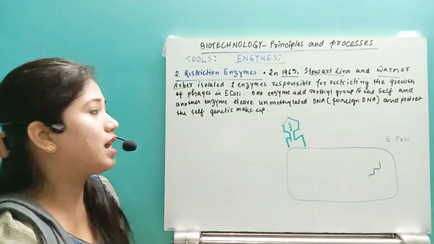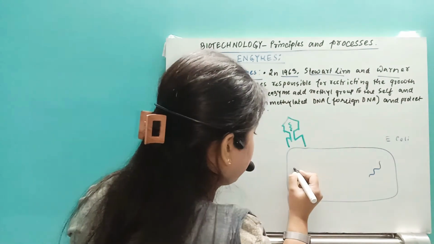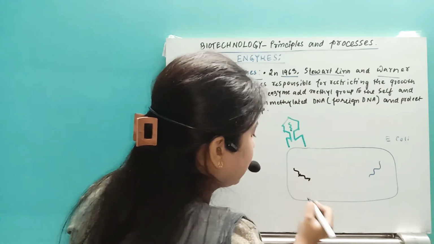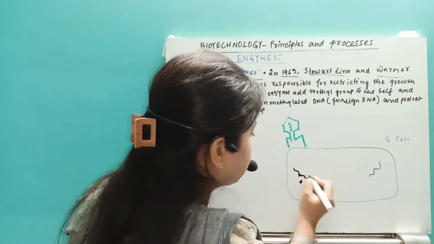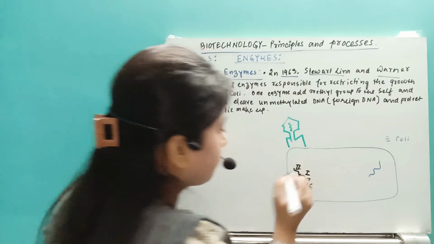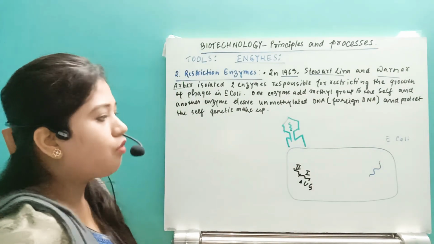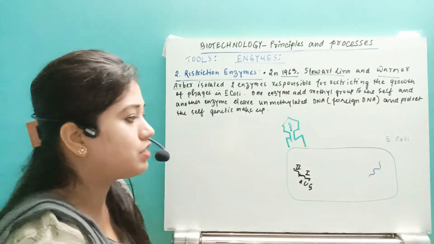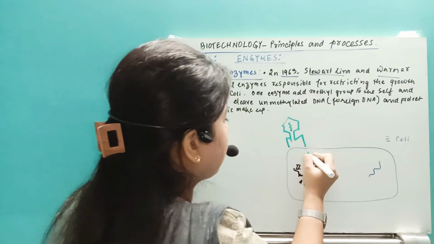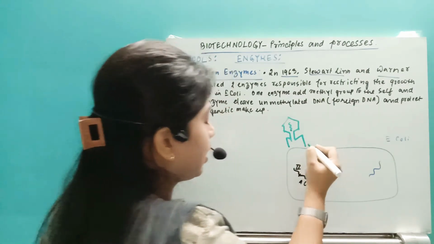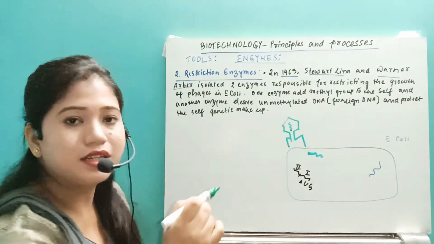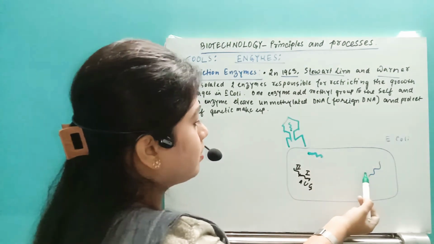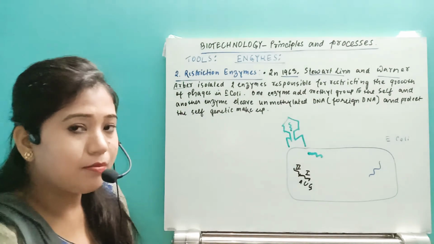So this enzyme has two parts. The first part is the methylating part. Suppose this is part 1 and this is part 2, right? Now, whenever the virus or phages try to infect the bacteria, suppose the E. coli, they are entering, and the E. coli genetic makeup is just about to get blended with the viral genetic material.